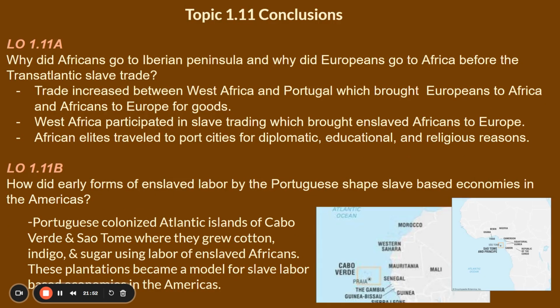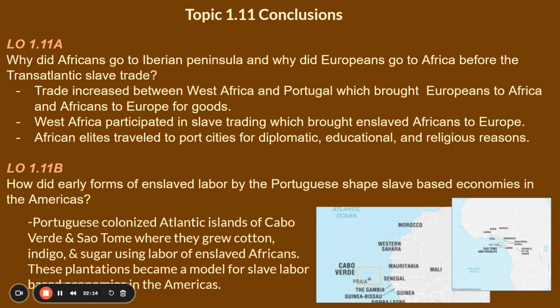So after reviewing our source, really these are our takeaways. These are our conclusions for 1.11. So the first learning objective: why did Africans go to the Iberian Peninsula, and why did Europeans go to Africa before the transatlantic slave trade?